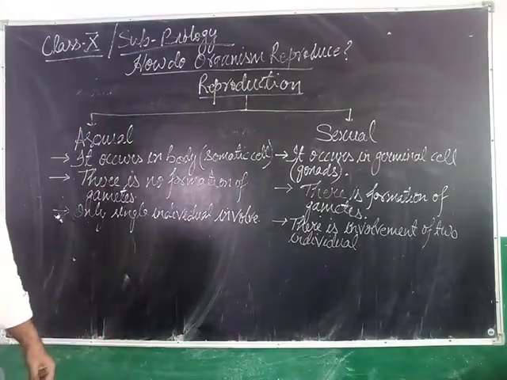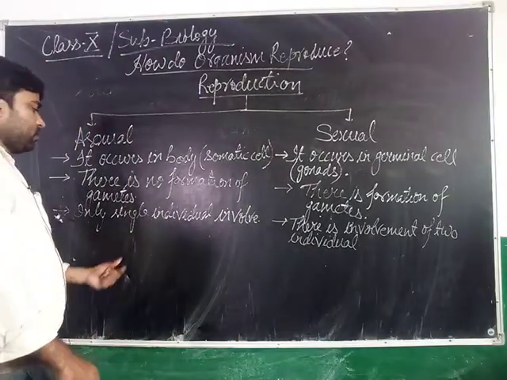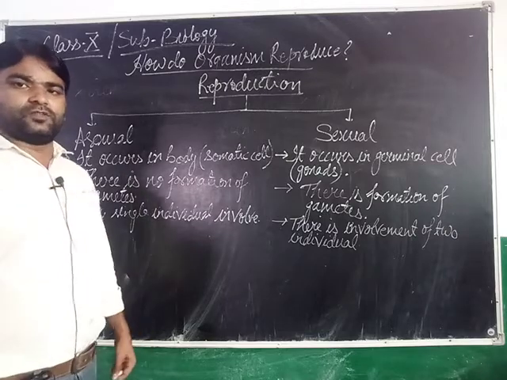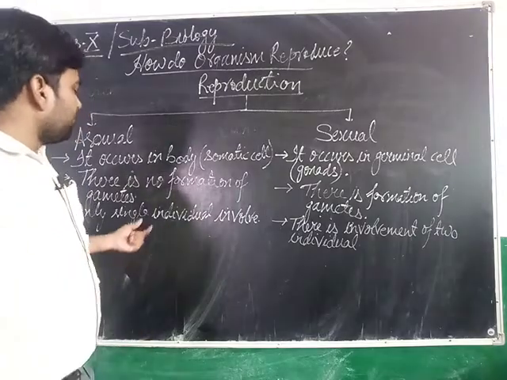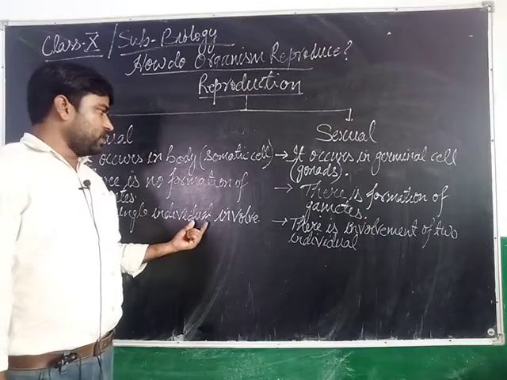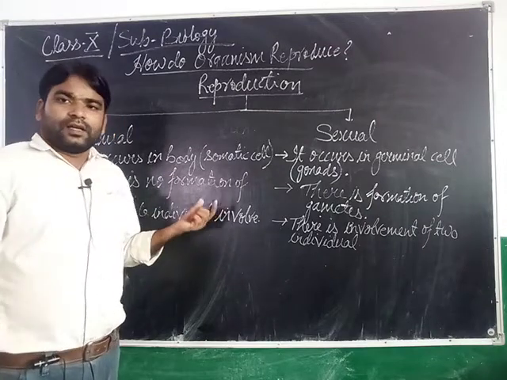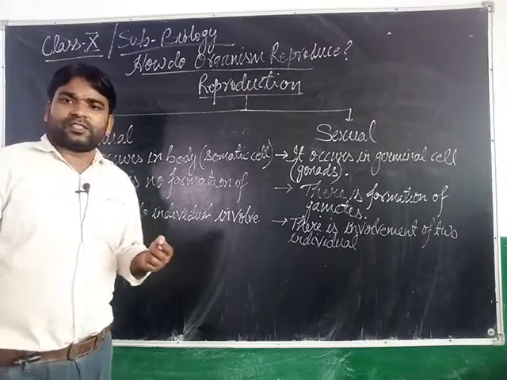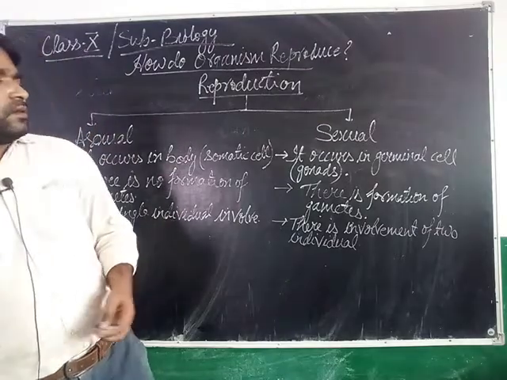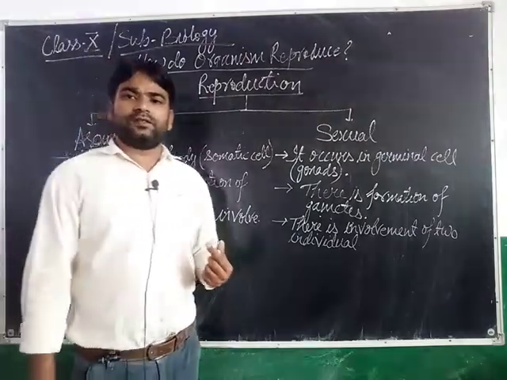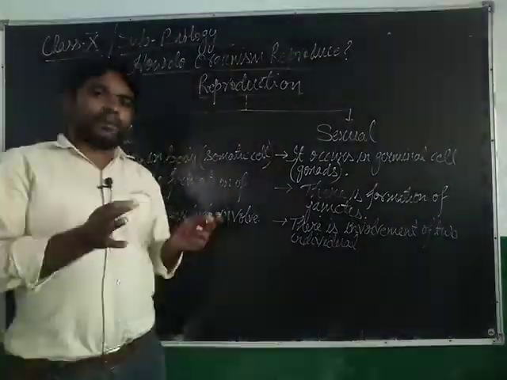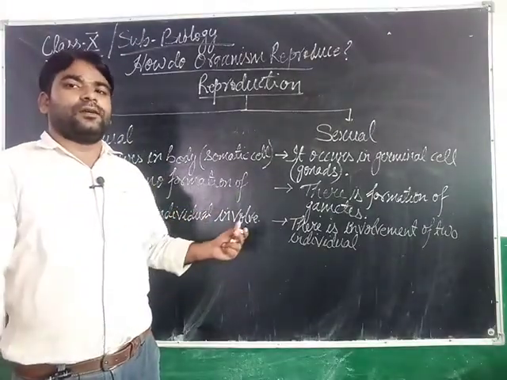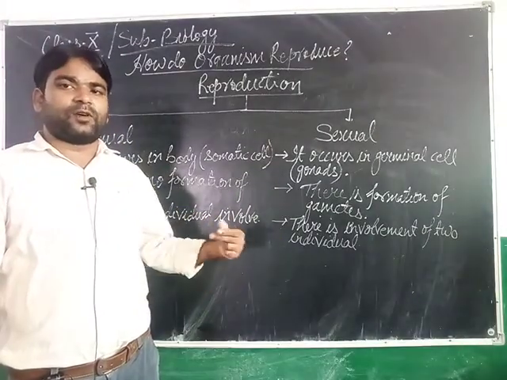In asexual reproduction, only one single individual is involved. If a single individual is involved, then there is no formation of gametes. When two individuals are involved, there is formation of gametes. If gametes are formed, then there is fusion of male and female gametes to form the zygote.